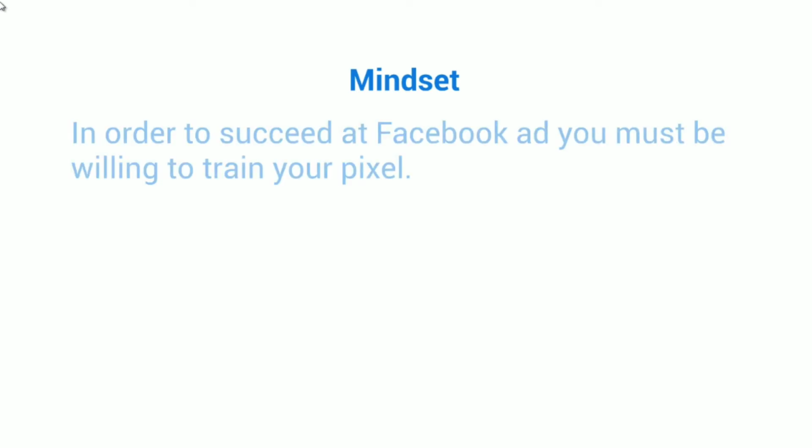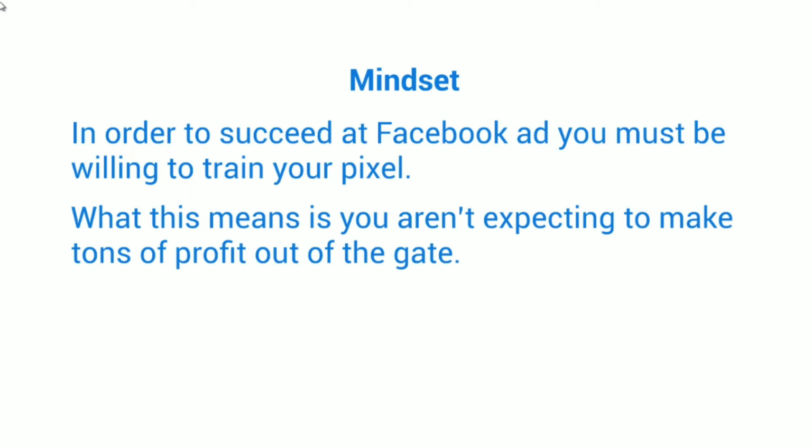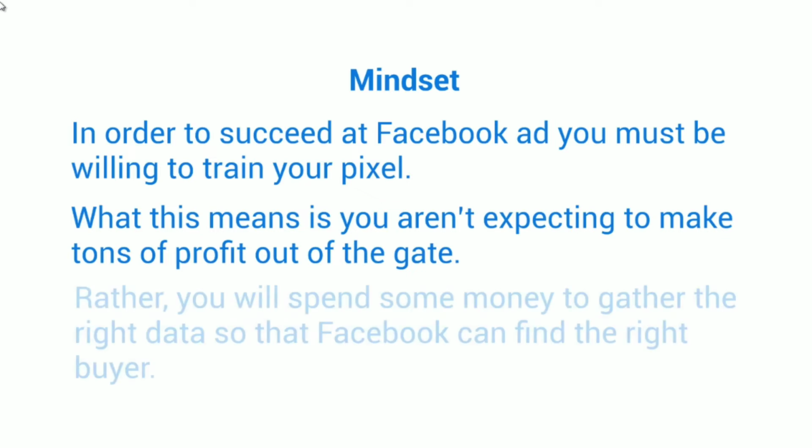Now, before we get started, I want to talk about mindset because that's very important. In order to succeed at Facebook ads, you must be willing to train your pixel. What that means is that you're not expecting to make tons of profit out of the gate. That might happen with some of you, but for the most part, if you're starting from scratch and you have a brand new pixel with no data whatsoever, then you're going to need to train that pixel.